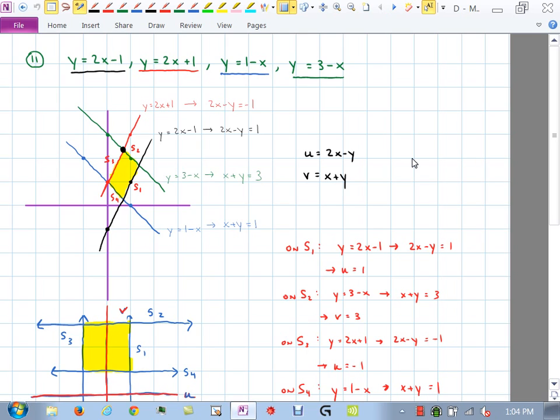You create your own that will take this region S and transform it into the UV plane. So this is the XY plane. Transform it into the UV plane, where the sides of the transformation are parallel to the U and V axes. All that's saying is try and get this to look like a rectangle in the UV plane.